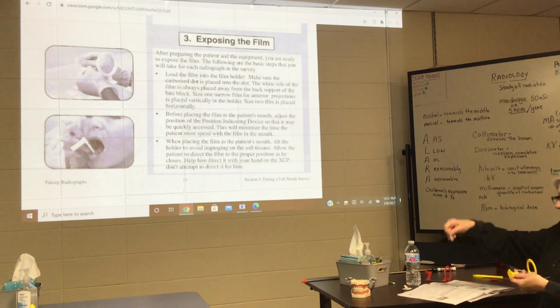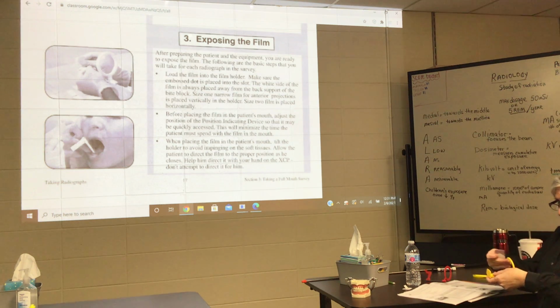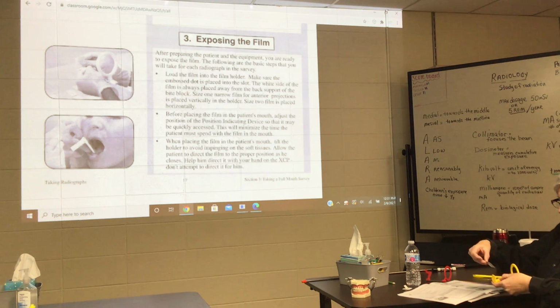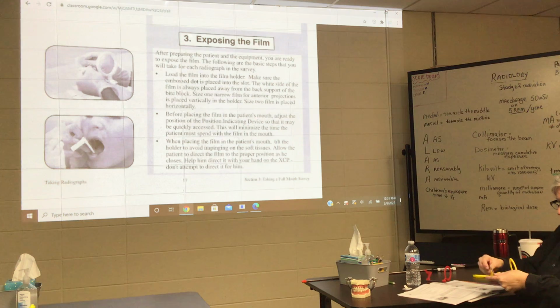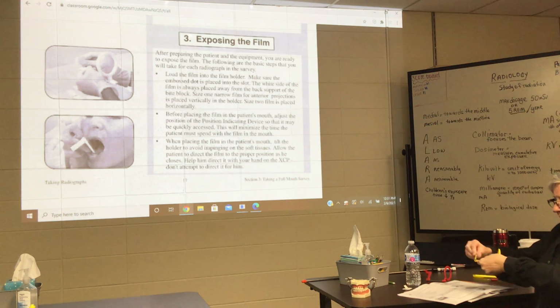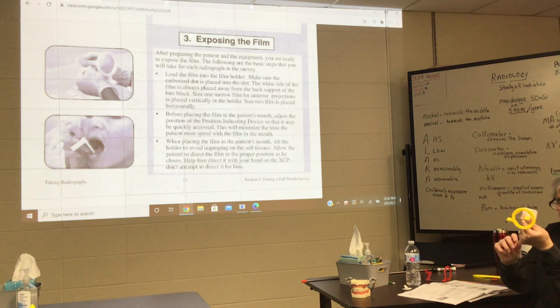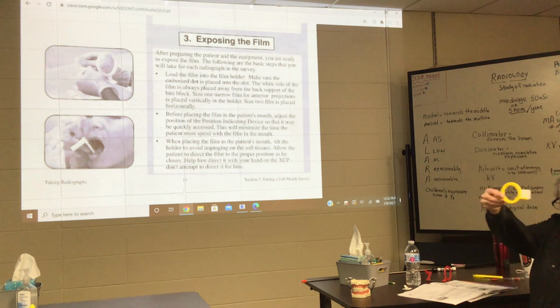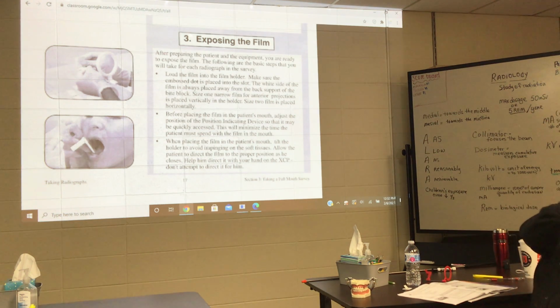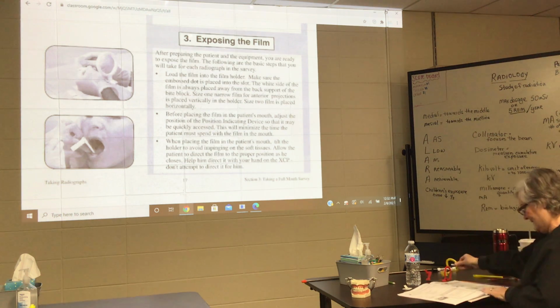So we're going to put the white side towards the ring, dot in the slot. Where's the dot? There it is. Okay, so the dot in the slot, and you want it in the center of that tab. See how that looks? Okay. All right.